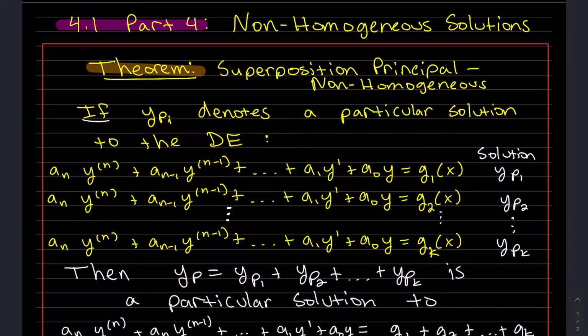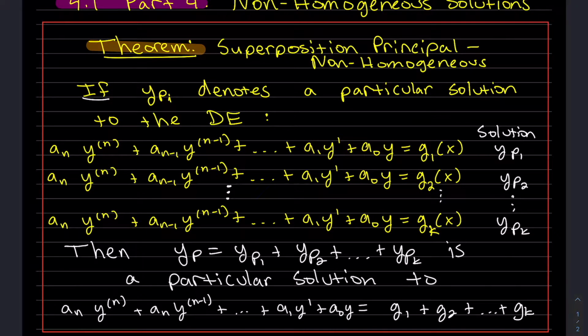So if YPi denotes a particular solution to the DE, so basically YP1 here is a solution to this DE, okay? YP2 is a solution to this DE. Notice how the left side is identical. So basically we just have all these different solutions, and it goes down to k.